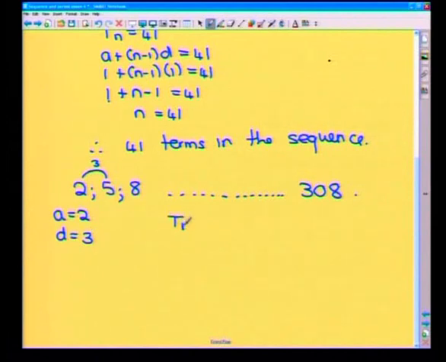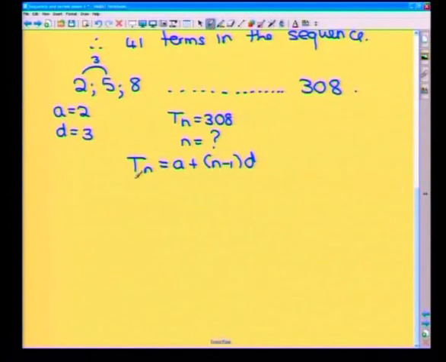My nth term is 308, and I want to find n. So my formula, Tn is equal to a plus n minus 1 d. All is well with this formula because I have got this, this, and this, which leaves me with only one more thing to find. So I can say 308 equals 2 plus n minus 1, I don't know, and the difference I know is 3.